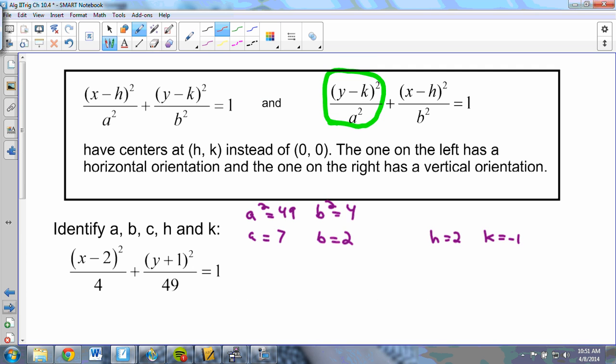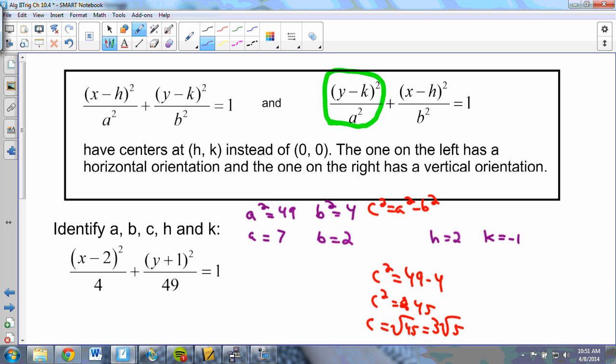So over here I have c squared equals a squared minus b squared, which means that down here c squared equals 49 minus 4, which means that c squared equals 45, which means that c equals the square root of 45, which is 3 root 5. You simplify that. 3 root 5.